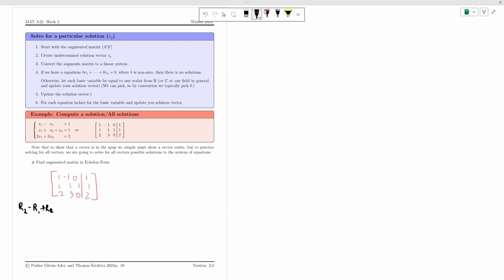And if we remember our process, we start by selecting my pivot. I have my pivot, make it 1. Once it's 1, put it in the right spot. Once it's in the right spot, 0 out the other column entries. This gives 1, minus 1, 0, 1, 0, 1, 1, 0, 2, 3, 0, 2.